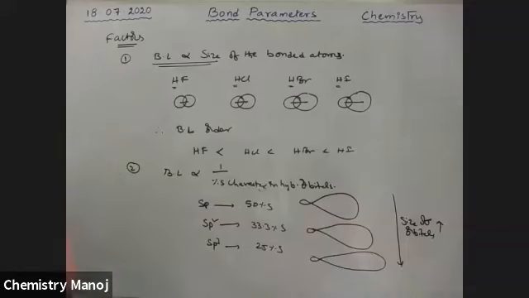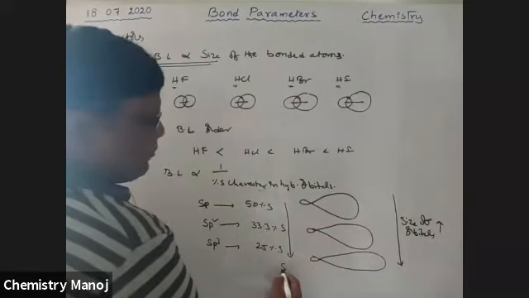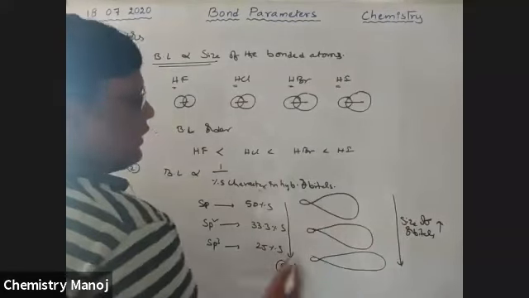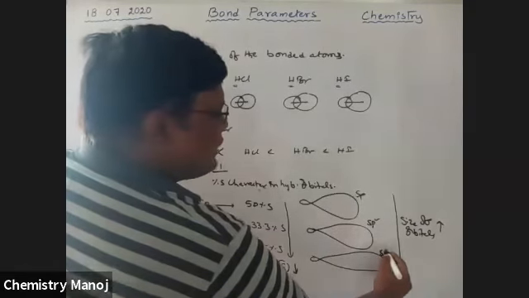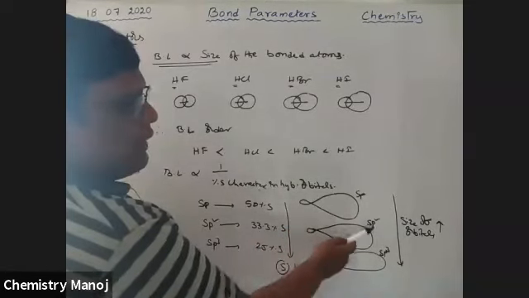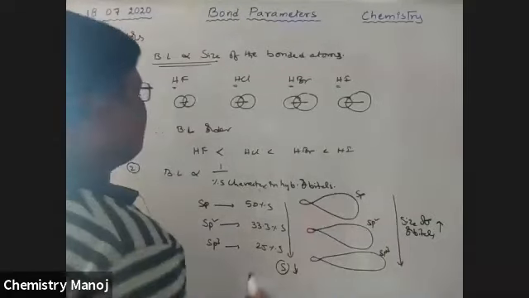So from top to bottom, S percentage decreases and size increases. The sp orbital is small in size, sp2 is somewhat more, and sp3 is more still.